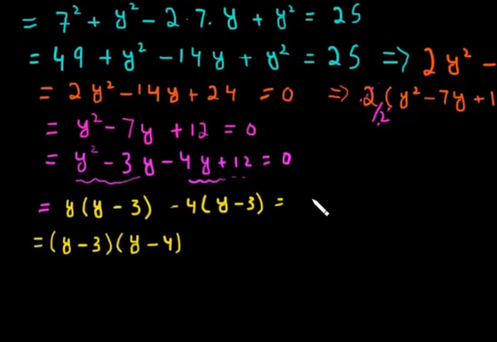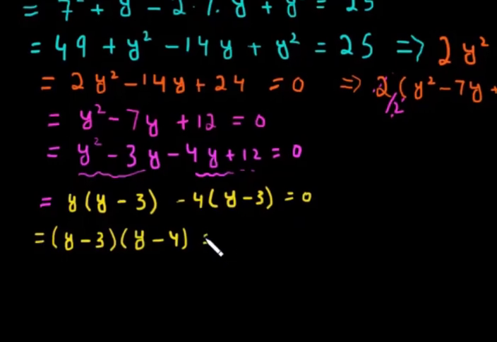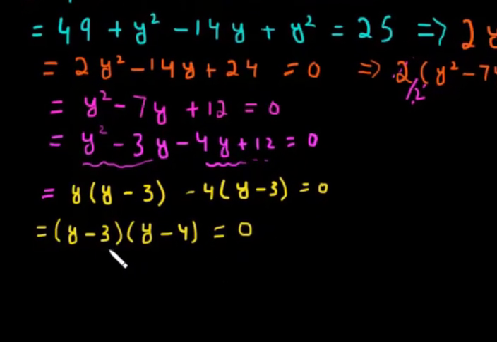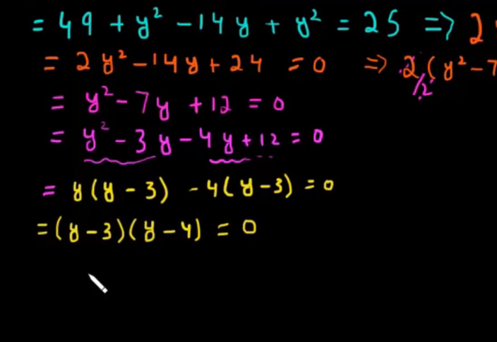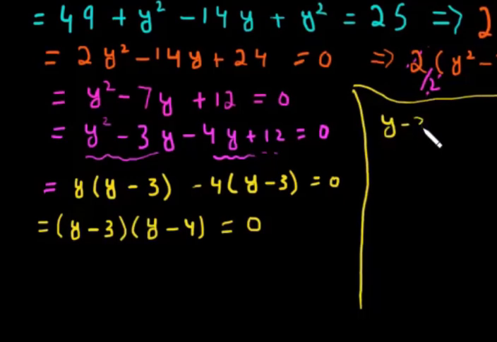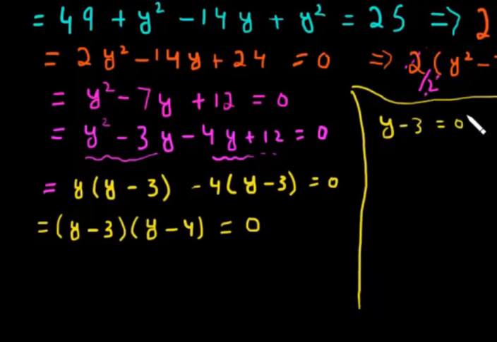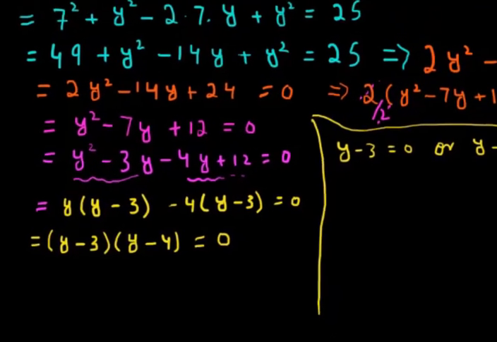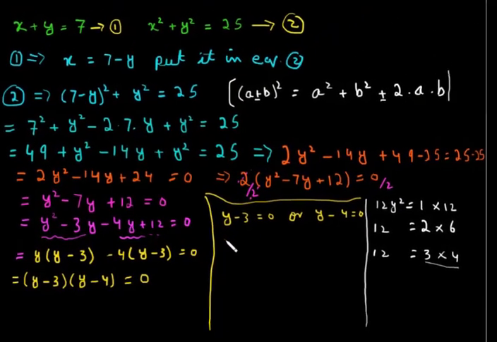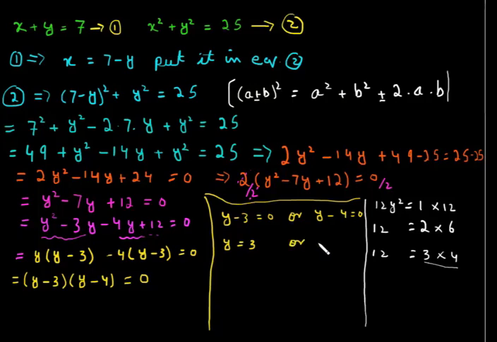Now, we know that the product of two factors is equal to 0. So at least one of the factors must be equal to 0. I will write this as either y minus 3 is equal to 0 or y minus 4 is equal to 0. This gives us that y is equal to 3 or y is equal to 4. When y has two values, similarly x will also have two values.